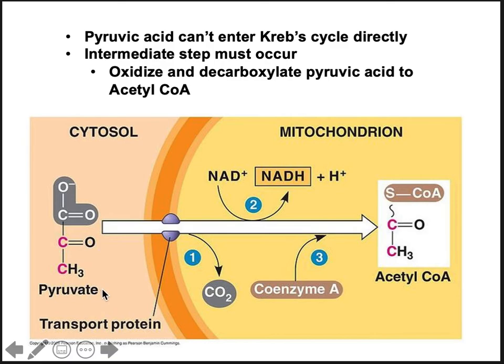I will use those words interchangeably because they can constantly go back and forth between the 2 forms. But it is technically the pyruvate that gets decarboxylated and turned into acetyl-CoA. I would not put on the test pyruvic acid and pyruvate as 2 different options. I'd put one or the other.